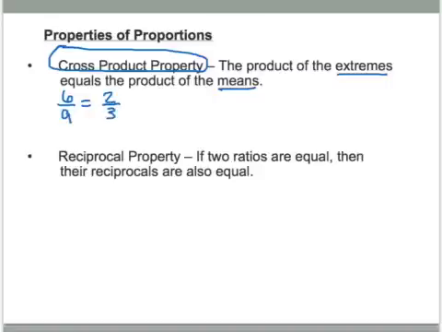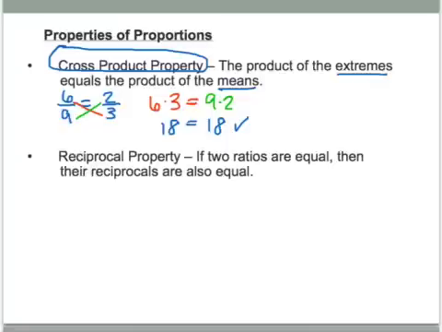Now I'm not solving for anything because I don't have a variable, but if I multiply the extremes together, which are the 6 and the 3, and I multiply the means, which are the 9 and the 2, they should have the same product. And they do, because 6 times 3 is 18, and 9 times 2 is 18.